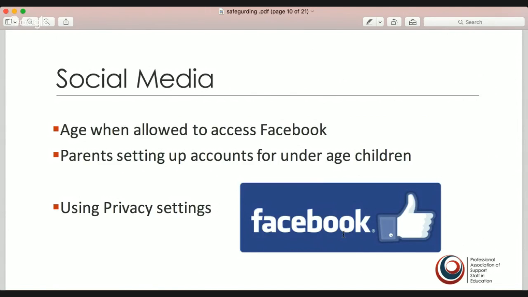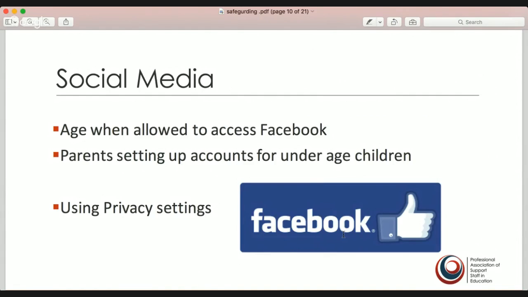And if we are aware of young people that we are working with in schools who have access or are using Facebook or other social media sites and they're not of the appropriate age, then please report it to your safeguarding person in your school so that they can then do something about it. It would be much better to report it and to know that we had done the right thing and stopped something inappropriate happening to a young person than to have turned a blind eye because we felt it wasn't really our business or it wasn't appropriate, it's not really a big deal.